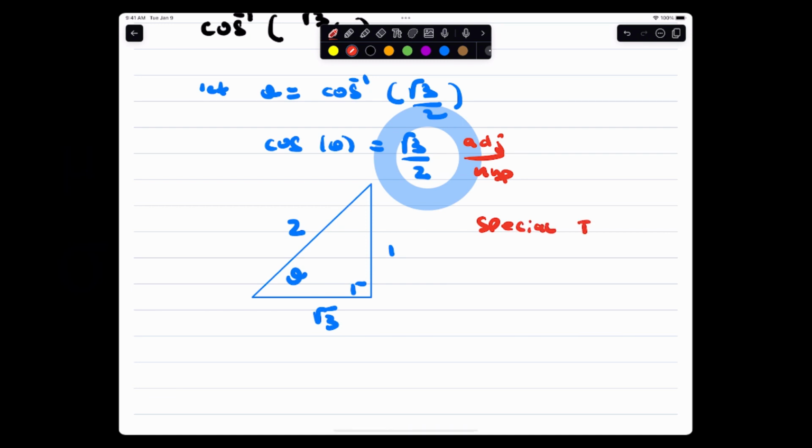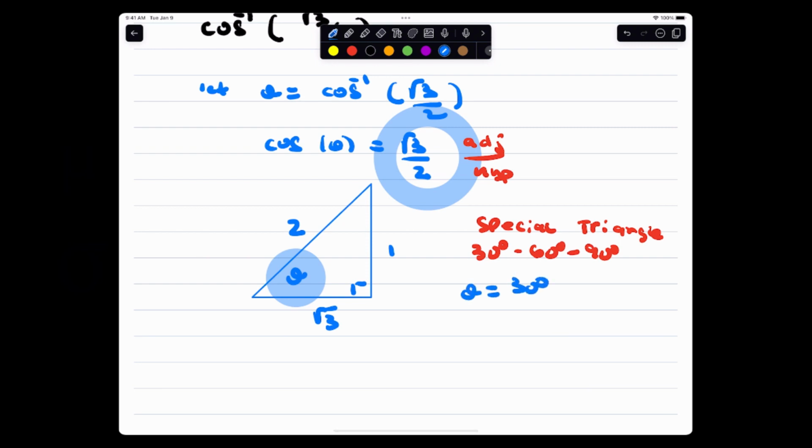It's a special triangle. That's the whole idea. So what special triangle is that? 30, 60, 90. So what angle does that mean this has to be? Is that 30 degrees?